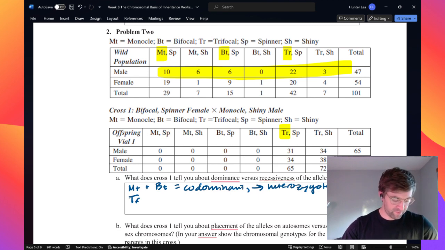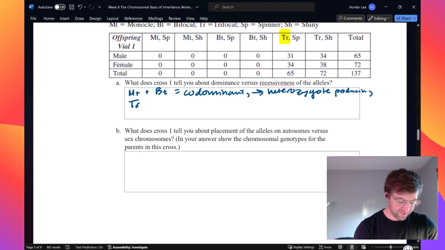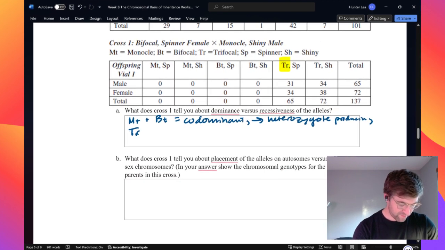Okay. Sorry, it took me a minute to get there, but yeah, trifocal is the emergent heterozygote being expressed.